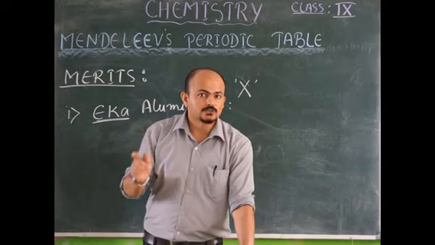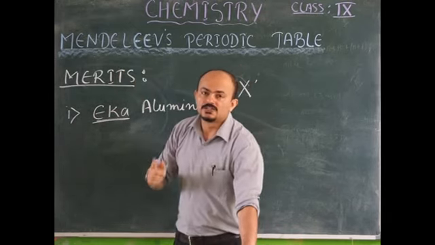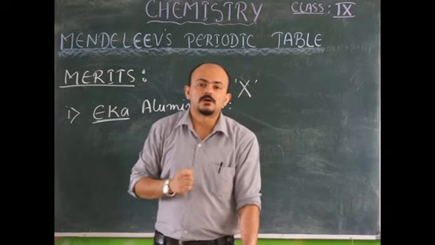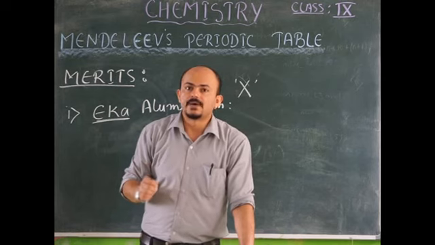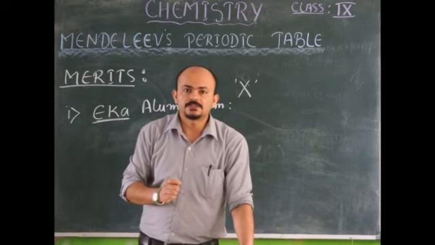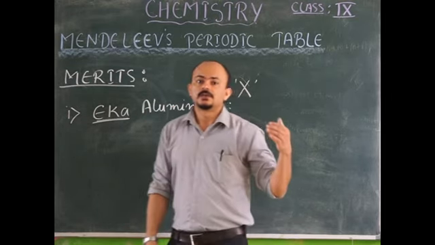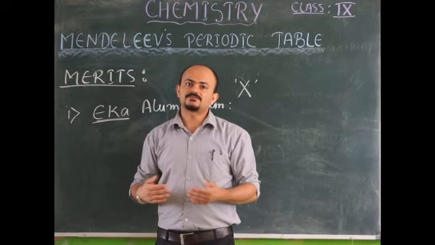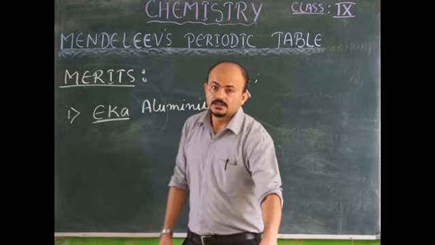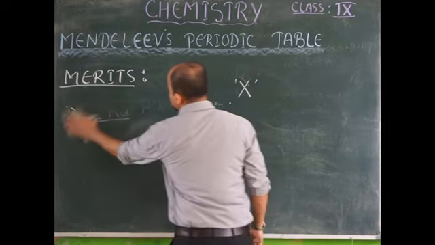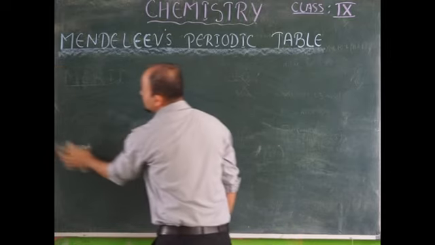But Mendeleev's periodic law talks about atomic weight or atomic masses. This was the main defect of Mendeleev's periodic table. Now, because he considered atomic masses for classifying different elements, there were certain elements where this made a confusion.